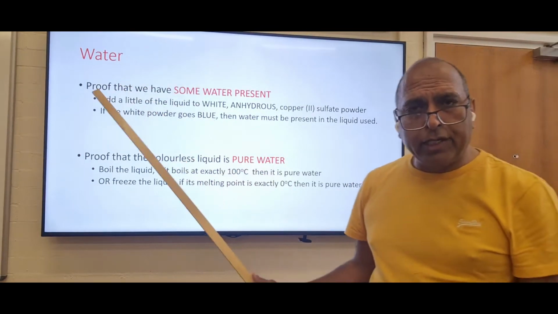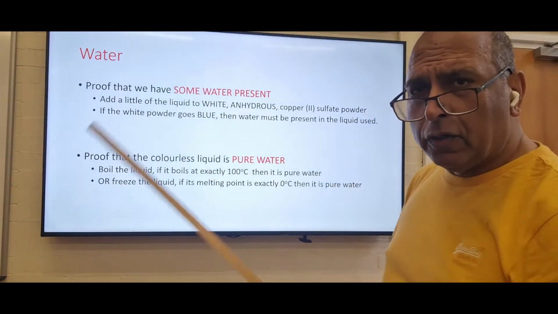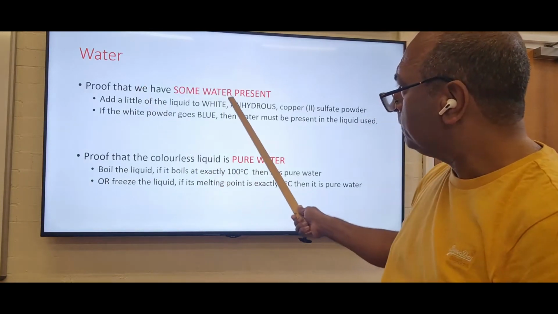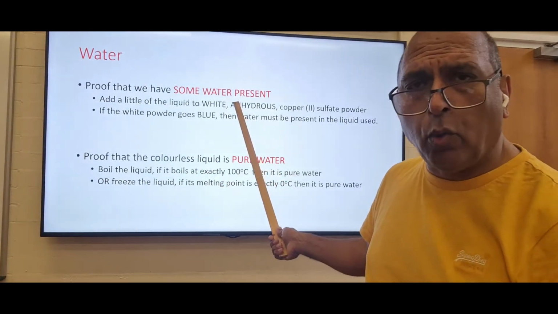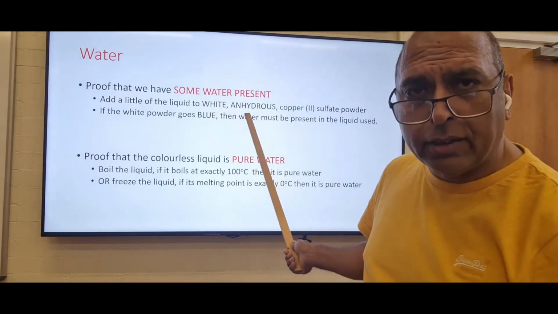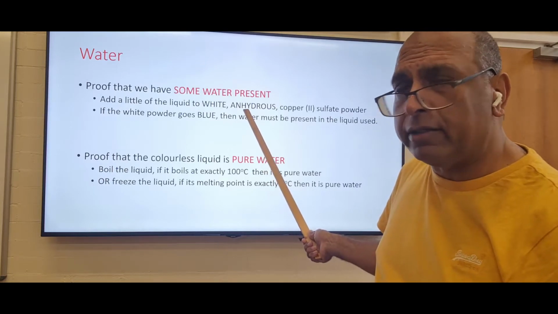Let's get into the tests that you need to learn, and these are the ones, just learn them parrot fashion. So to prove that you've got some water present, what you need to do is to get white, solid, anhydrous copper sulfate.